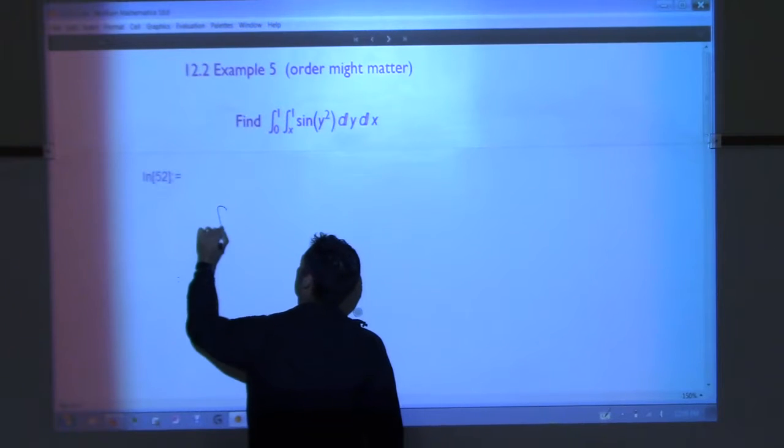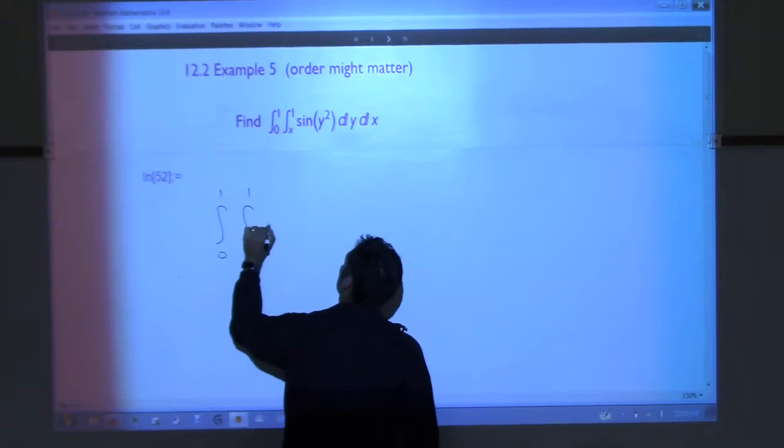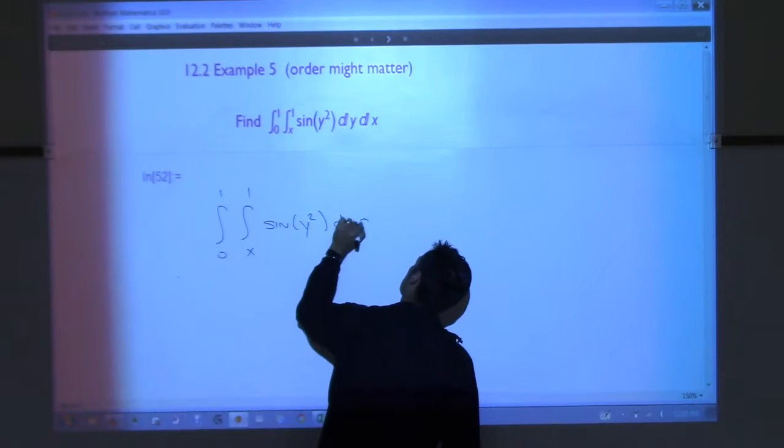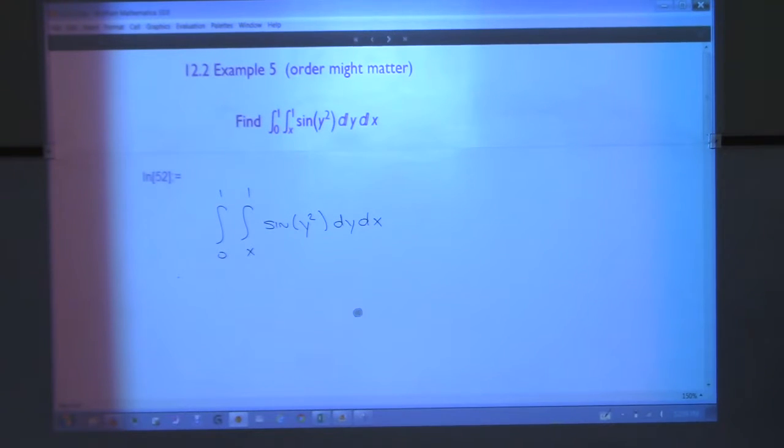Integral from 0 to 1, x to 1, sine y squared dy dx. So this one I just give it to you, and I'm not asking you to do anything other than just evaluate this. Okay, go ahead.